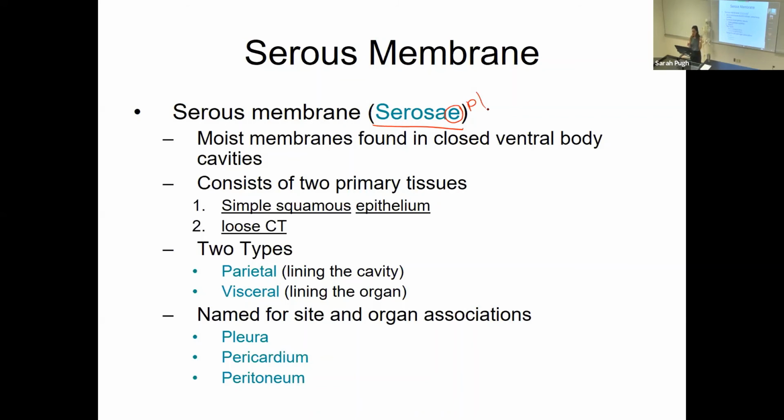And there are 2 tissues in your serous membranes. The outermost tissue is a simple epithelium. Notice every one of these has been epithelial tissue because it is a covering or a lining. So we have a simple epithelium here. It's not stratified. And the reason is that your serous membranes need a simple epithelium so that you can reduce friction.